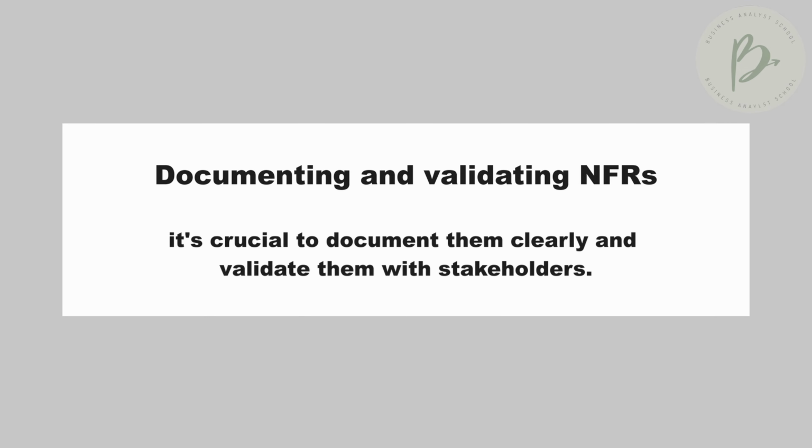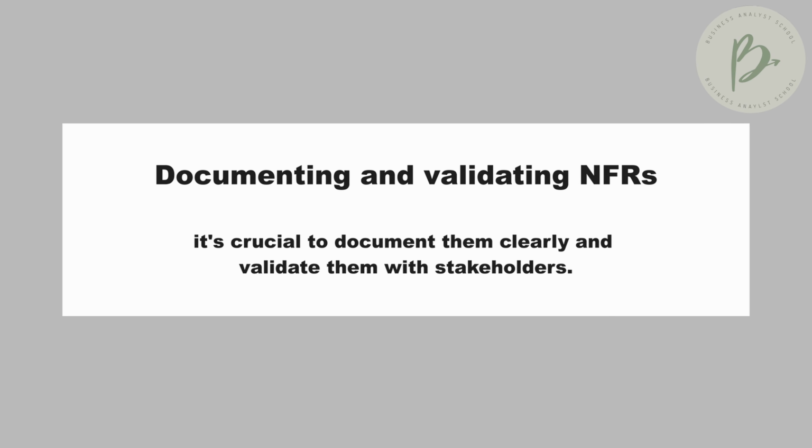Now, after gathering your non-functional requirements, it's crucial to document them clearly as well as validate them with your stakeholders. We already know, as aspiring and existing business analysts, we're doing a lot of back and forth with our stakeholders to ensure that whatever requirements we've captured during our meetings, observations, workshops are validated with them.